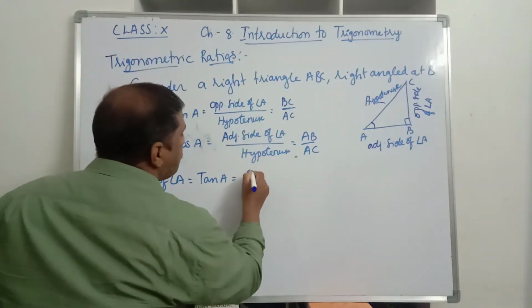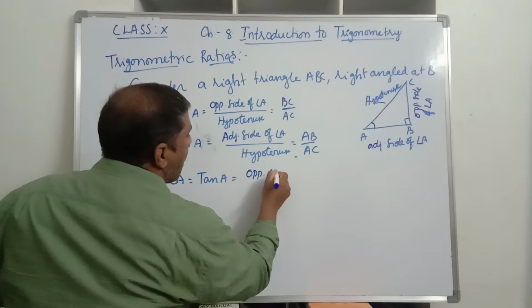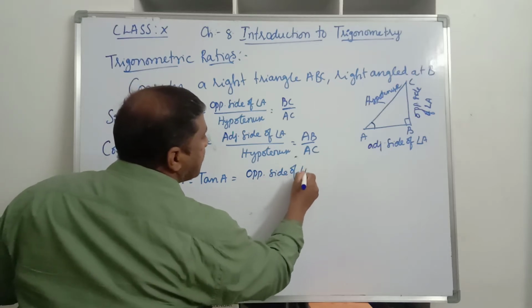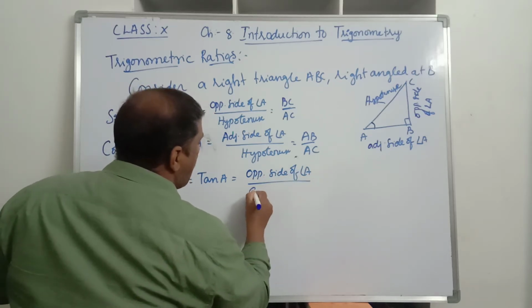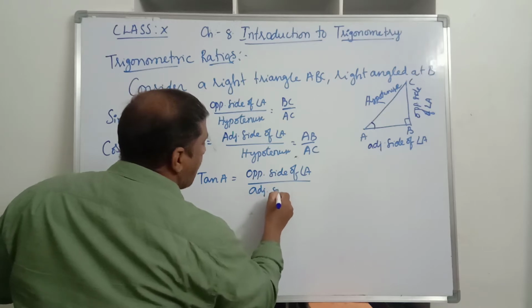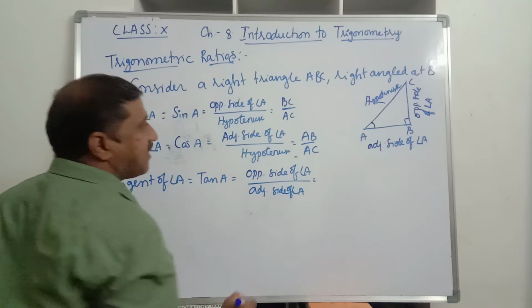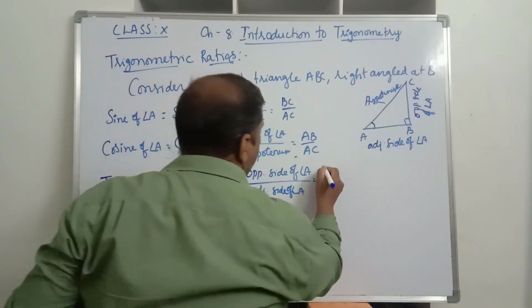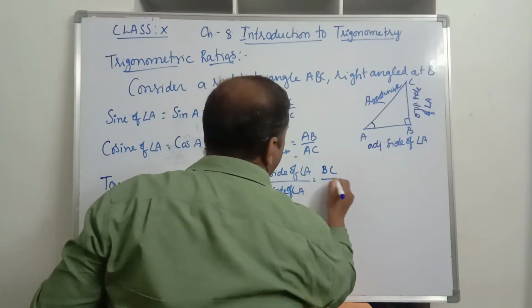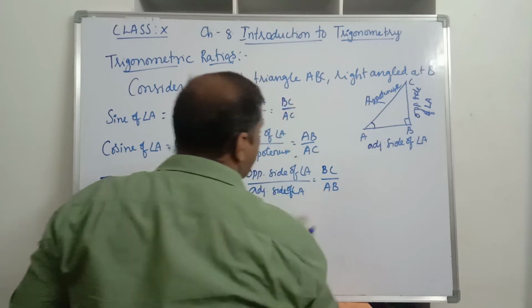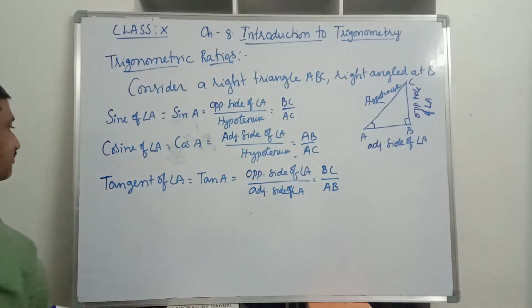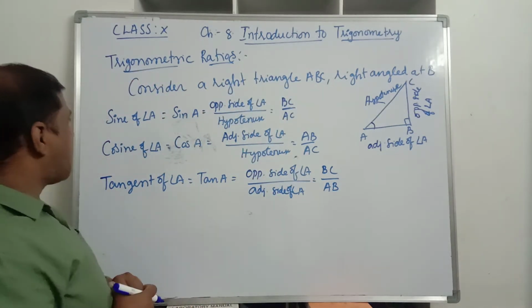That is the opposite side of angle A divided by the adjacent side of angle A. The opposite side is BC and the adjacent side is AB.